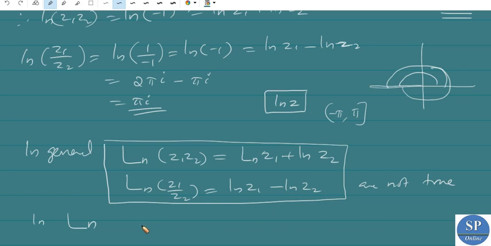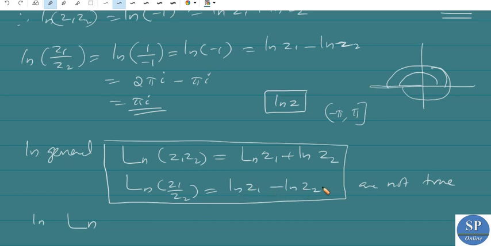So you find examples, counter examples showing this is not true. Find some values of z1 and z2 such that ln of z1 z2 is not equal to ln of z1 plus ln of z2, and find another value of z1 and z2 such that ln of z1 by z2 is not equal to ln of z1 minus ln of z2.